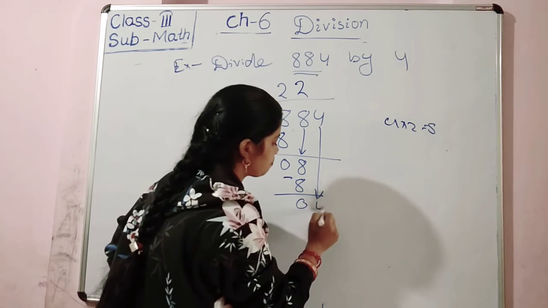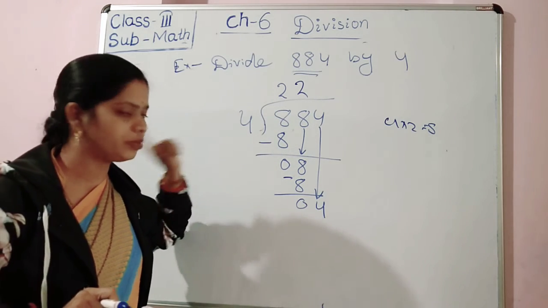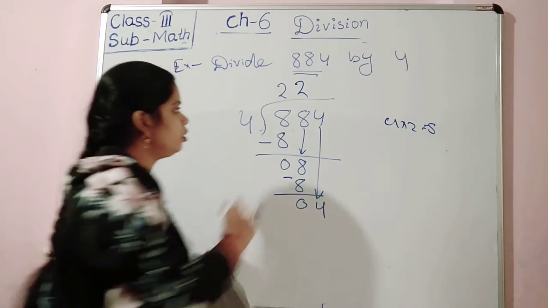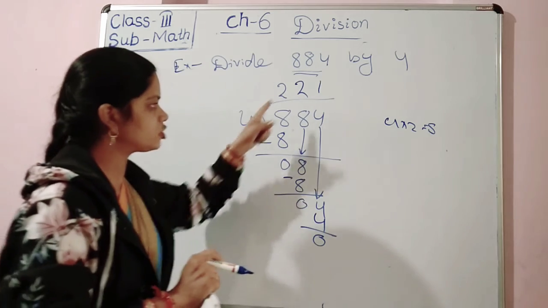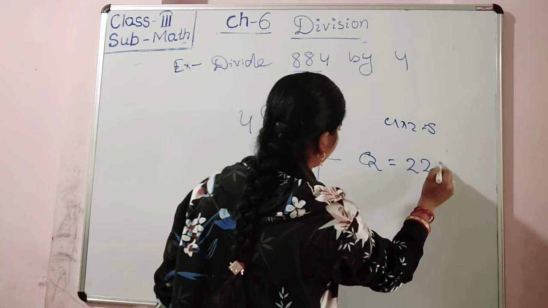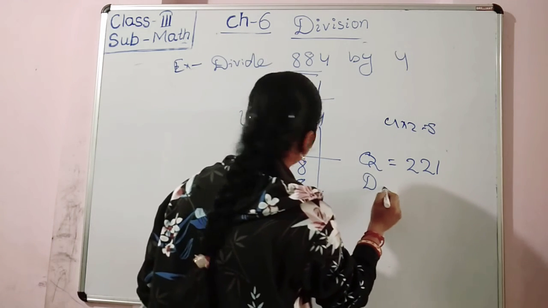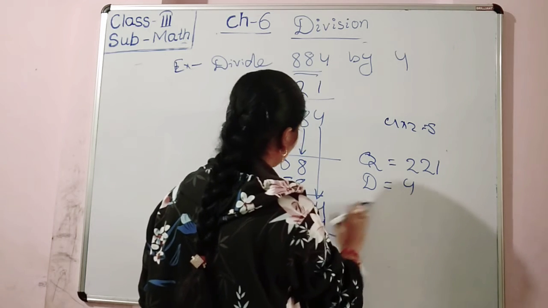Next comes 4. Count the table of multiples of 4. 4 1s are 4, and 4 minus 4 is 0. Okay, our answer is quotient equal to 221.